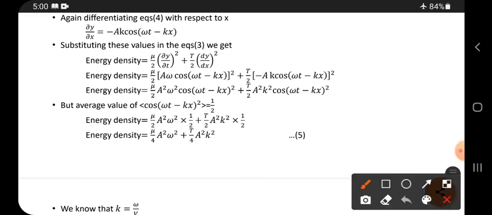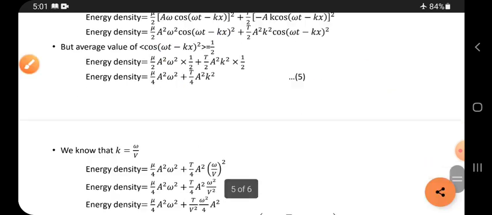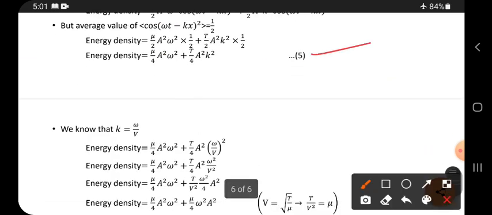Now what we can write here: the average value of cos square omega t is to be taken as 1 by 2, so in the place of here and here, 1 by 2 is substituted. Let this be equation 5.